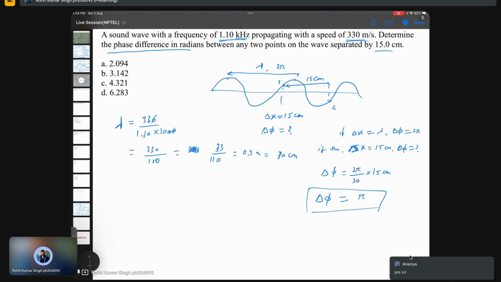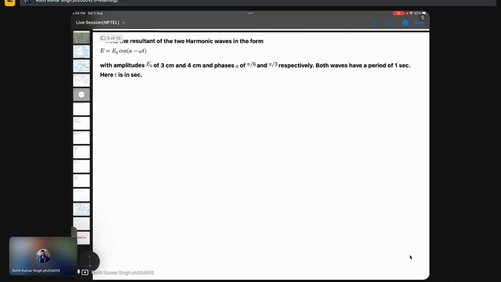Let's move to the next one. Now here, this is one problem with superposition of waves that we discussed. You have a wave equation given by E naught cos of (a minus omega t), where a is a constant, so this is a phase angle.